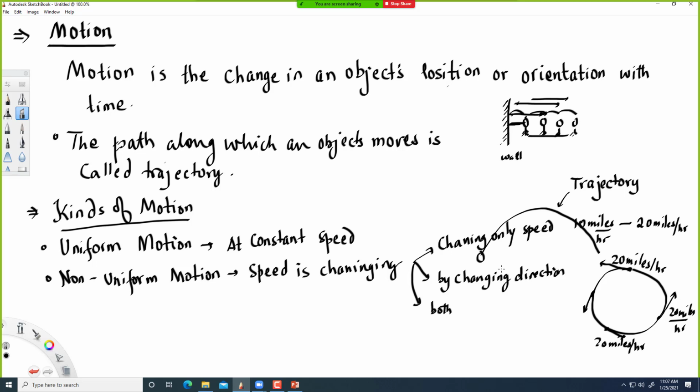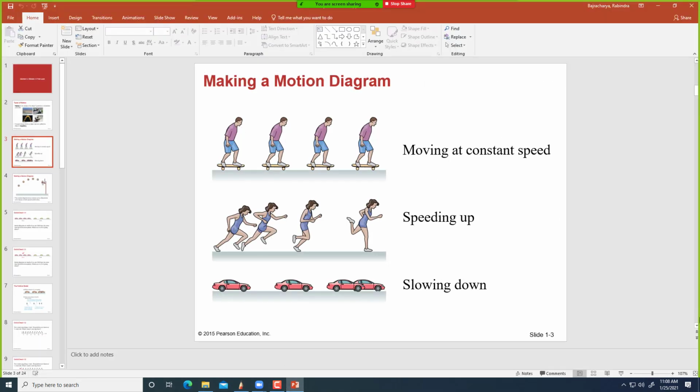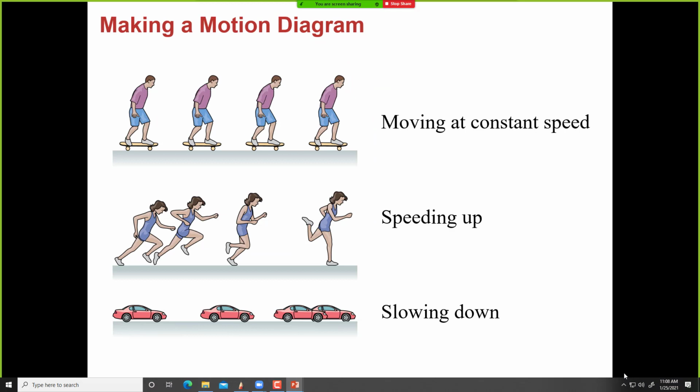So let me show you how we represent all these different kinds of motion. One of the main objectives of physics is to represent physical phenomena in some kind of picture, okay, or diagram. So here is the diagram for different kinds of motion that we just discussed.